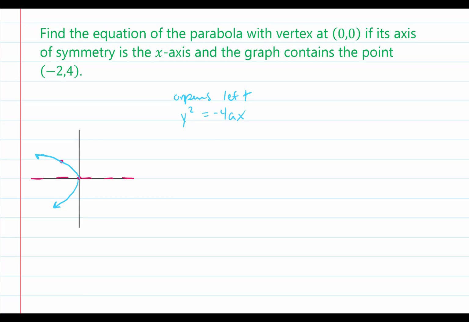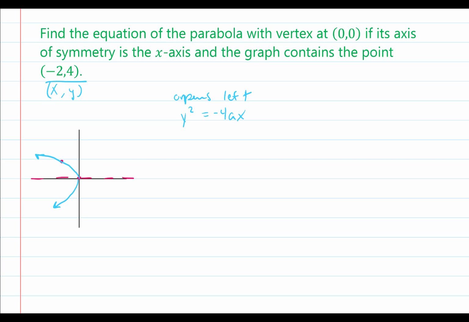Next, we need to find the value of a. Unlike the previous problem where we were given the focus or the directrix and then could find the distance from the vertex to either of those two items, instead, we are given the additional point (-2, 4), which really means we are given an x-coordinate and a y-coordinate on the parabola.